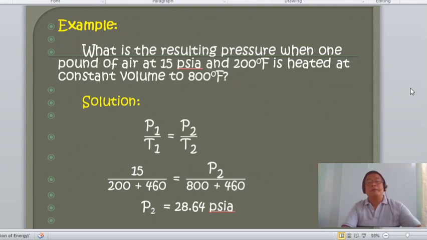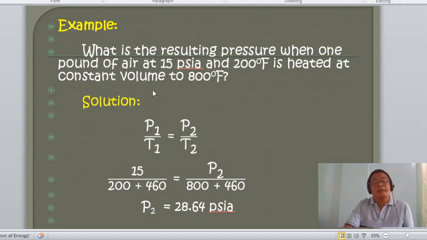So, another example. What is the resulting pressure when 1 pound of air at 15 psia and 200 degrees Fahrenheit is heated at constant volume to 800 degrees Fahrenheit? Okay? So, take note that the volume in this problem is held constant. So, eliminating volumes from the combined ideal gas equation, that is now P1 over T1 equals P2 over T2.